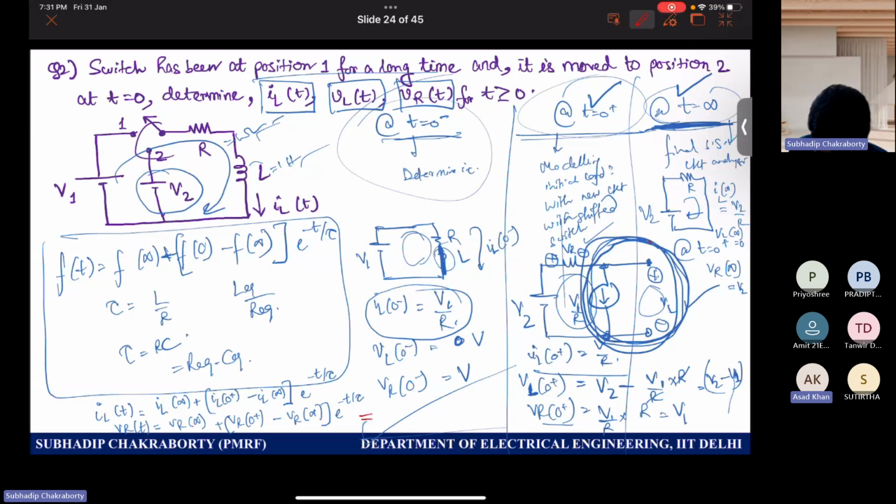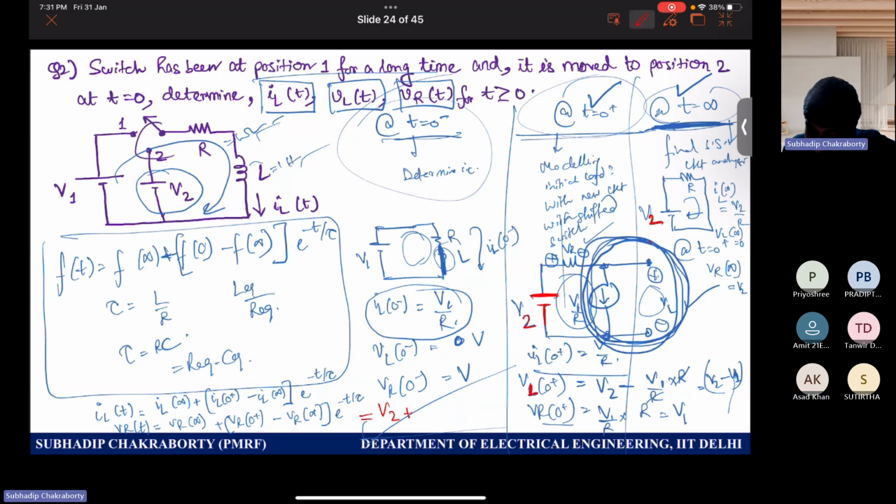V2. VL 0 plus, yes, V2, right? It is not VL, this is V2, okay? No sir, that is at t equal to 0. Second, VL 0 plus. Yes, VL is what you see. VL 0 plus is V2 minus. Yes, are you asking a doubt? I understood. So this becomes V1 minus V2, right? Okay, V2 is this one, okay?